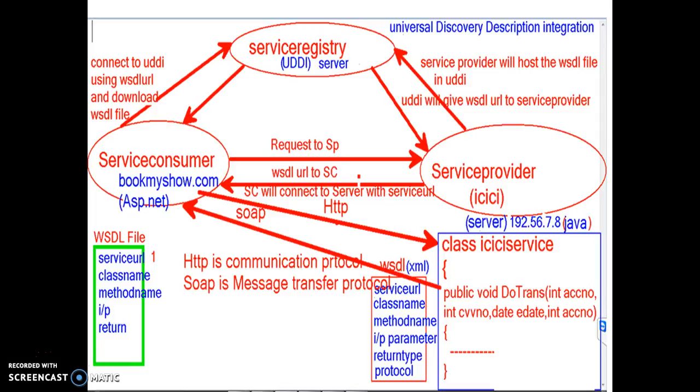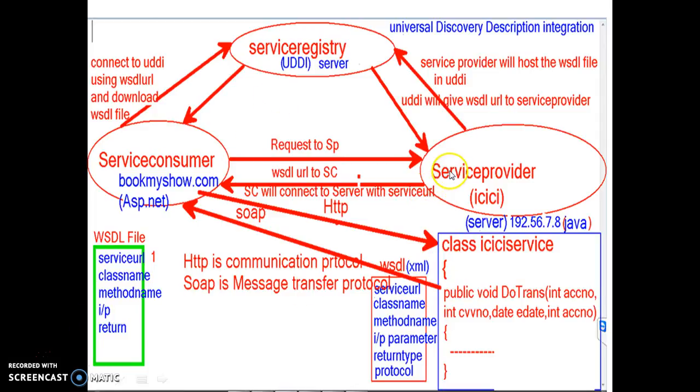So the banking people will create one service and we need to buy that particular service and consume the service in our web application. So the developer who will create the service is called the service provider. The developer who will consume the service is called the service consumer. The person who will create the service and the one who will consume the service, both are developers.